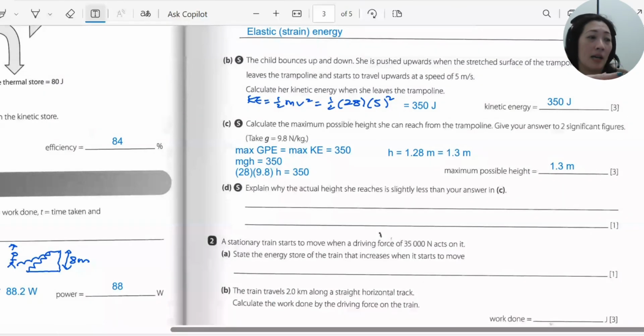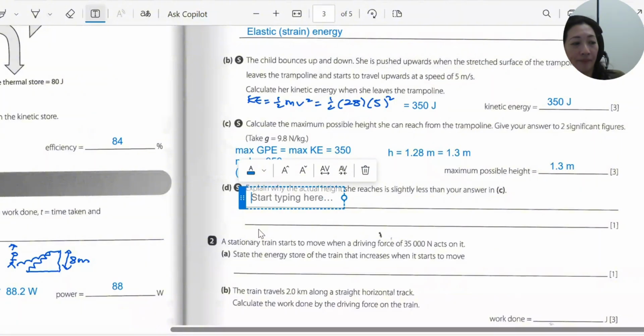There's some thermal energy generated due to friction or air resistance, or even friction with the surface of the trampoline and the springs. So there's always a bit of energy loss. That means the gravitational potential energy she has will be less than what we calculated or assumed in C. That's why the height will not be equal to this value.